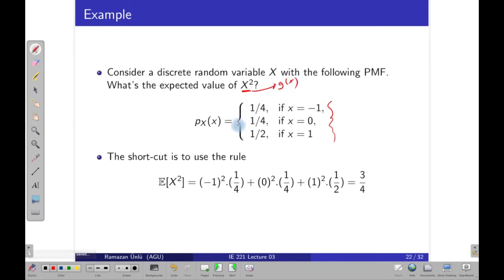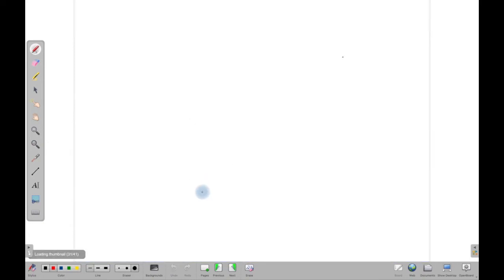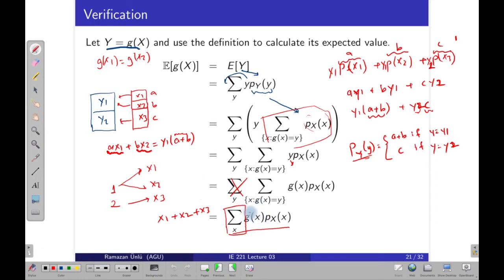So let's do it in a simple way. And what we look for, we are looking for this one, right? Expected value of x squared. So what I can do here, what we said, we can use directly the g of x.